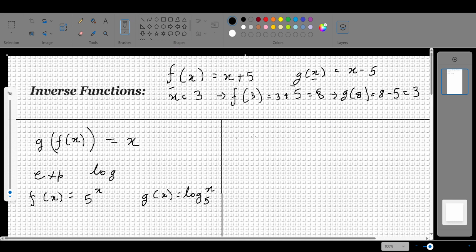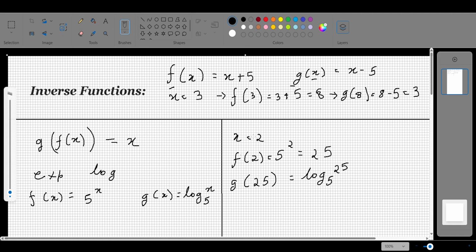So over here, let's first say x is equal to 2. Let's pass 2 to f. So we get f of 2, which is equal to 5 squared, which is equal to 25. Now we pass 25 to g. So g of 25 is equal to log of 25 with base 5.